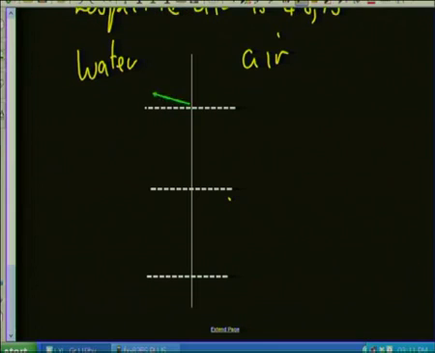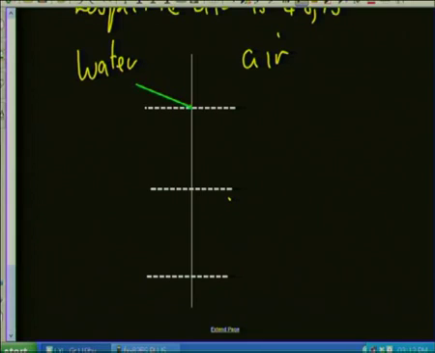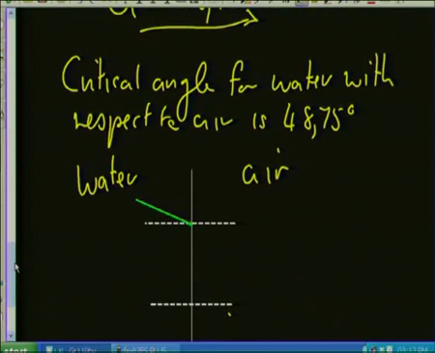So, first thing is what we recognize. If the angle of incidence is less than that critical angle, look at the critical angle again, 48.75, so this angle here, the angle theta, is clearly smaller than the critical angle. It's a small one.